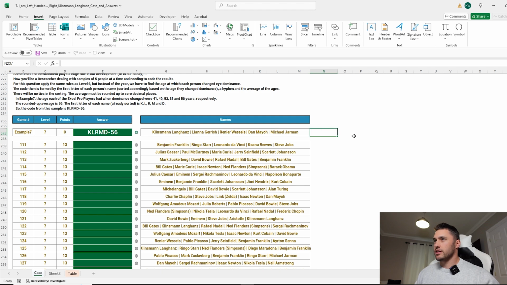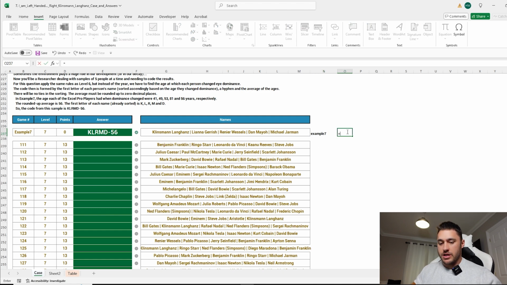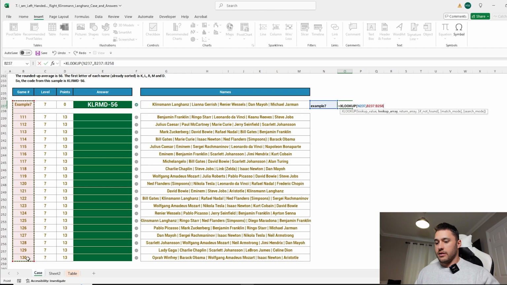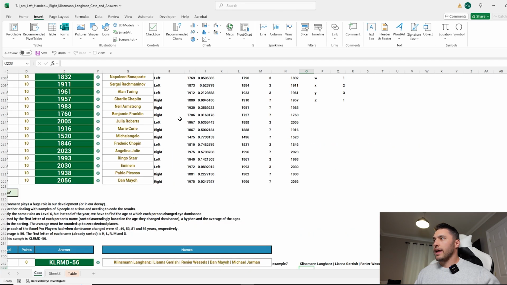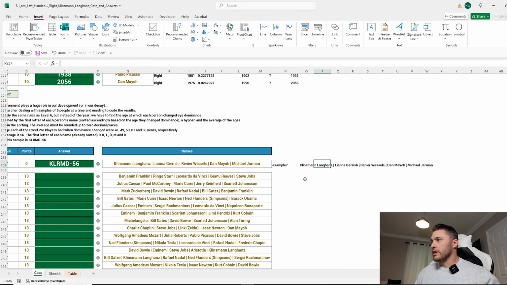people. So let's actually do this one with a data table. So example 7, we want to say xlookup example 7 in here, return here, and what we want to do is do our calculation like this for all of these people.